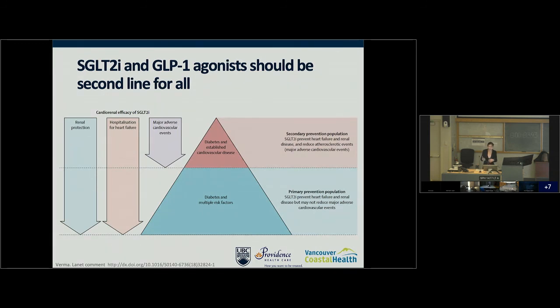And maybe SGLT2 inhibitors and GLP-1 receptor agonists should be second line for those people as well, even without established cardiovascular disease. And that was, as I mentioned, seen in the dapagliflozin study, showing that even in the primary prevention patients, there was renal protection benefit and heart failure hospitalization decrease.